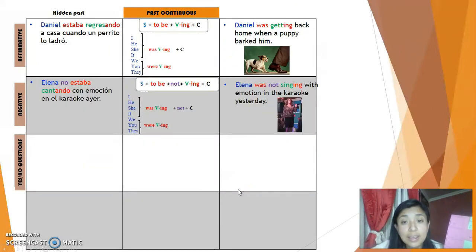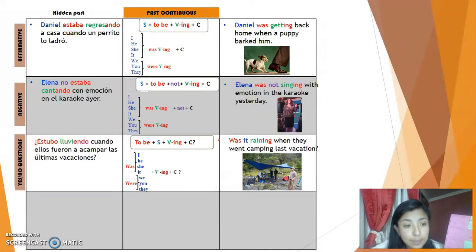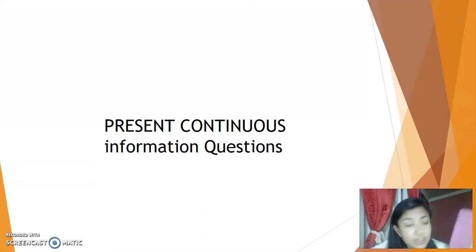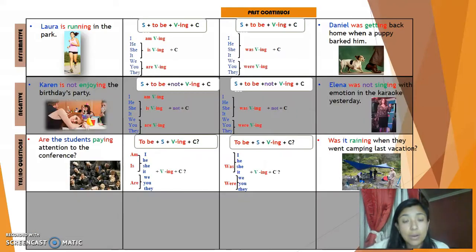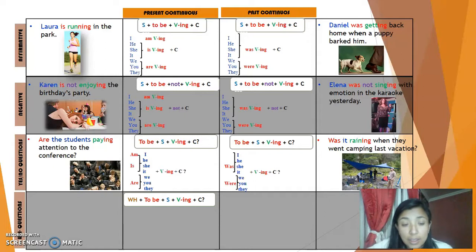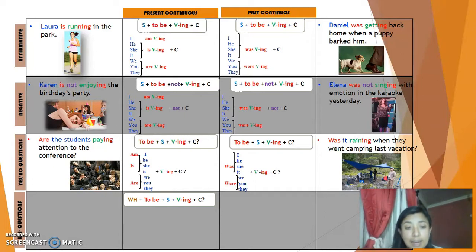Okay, let's keep going with the last part, which is information questions, in the last row. For present continuous, the formula will be WH plus to be plus subject plus verb in ing plus complement, and then the question mark.